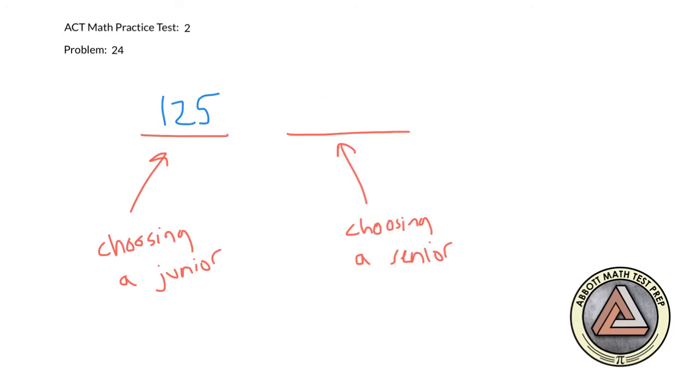And then you ask yourself, how many possibilities are there for choosing a senior? According to the problem, there's 100 possibilities. Then what you do is you multiply those possibilities times each other, and then you will get 12,500, aka 12,500.